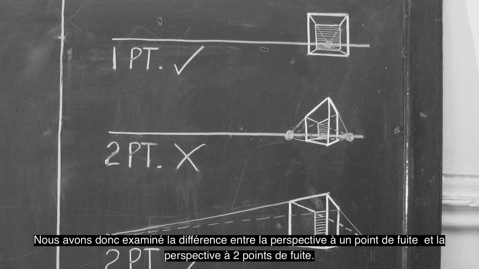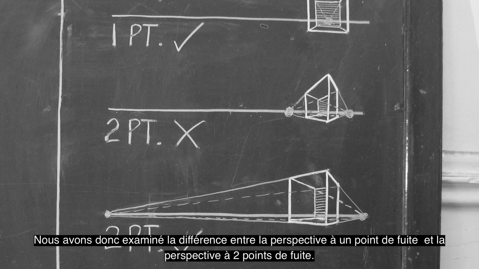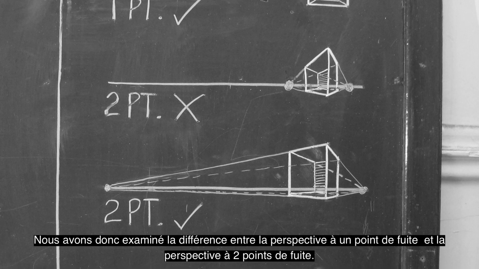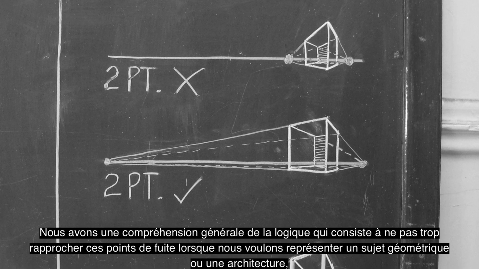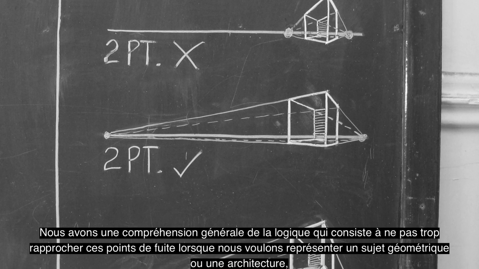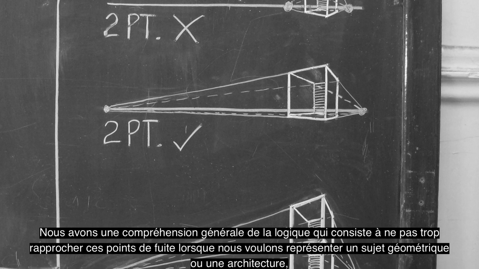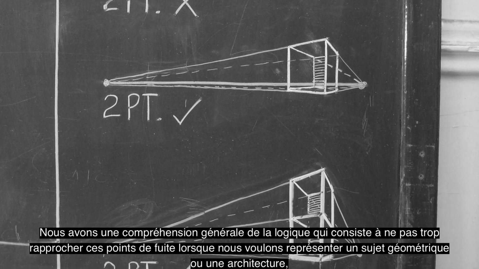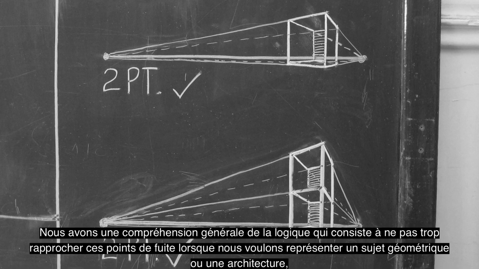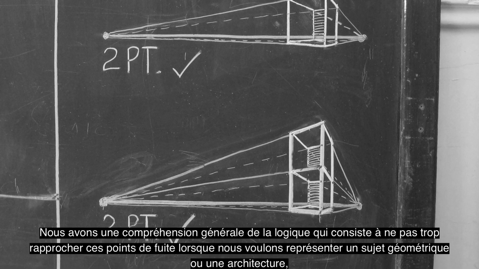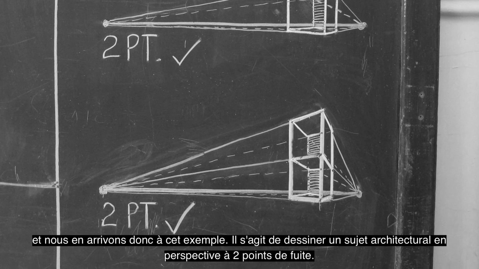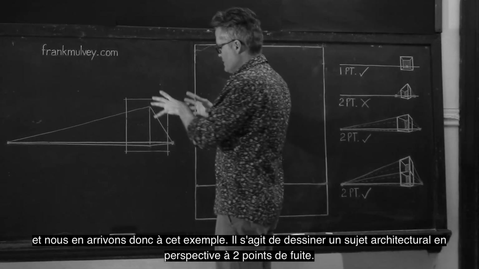So we've looked at the difference between one-point and two-point perspective. We have a general understanding of the logic of not pushing those vanishing points too close to each other when we want to represent any kind of geometric subject matter or architecture. And so we come to this example here.